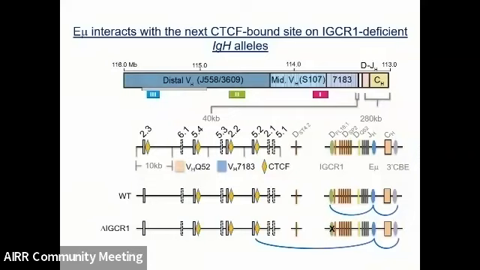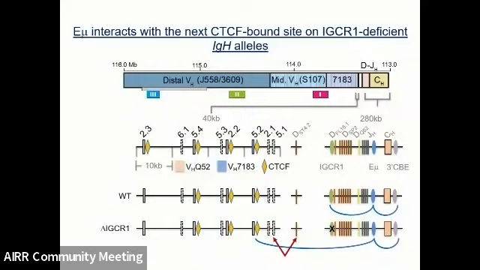In doing so, it incorporates, of course, the DST4.2 gene segment that we've been talking about, and now places a variable gene segment close to the recombination center, because this is now the big loop.